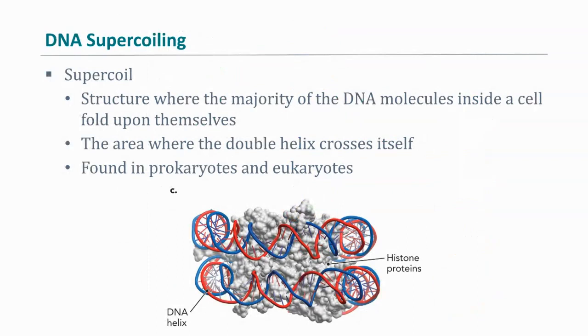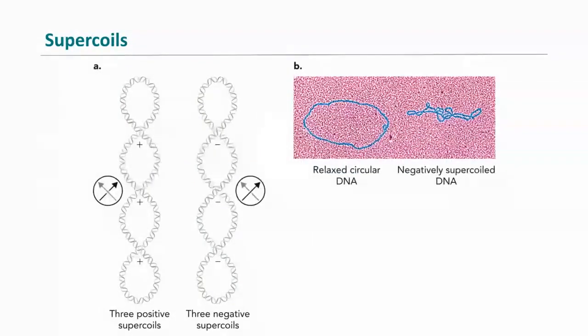And the DNA supercoiling. Basically, DNA supercoiling is a structure where the majority of the DNA molecule inside a cell is folded upon itself. That's supercoiling, and it can be found everywhere, okay? So you can see the left in the front, this is a positive supercoil, and the right in the front, that's a negative supercoil, okay?